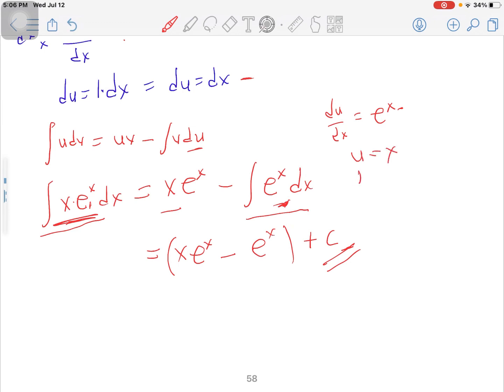But when we assign u equal to x, du dx of this x is equal to 1, which is reducing it. Let's assume that our u equals x squared. du dx is equal to 2x, which has reduced the power to 1.